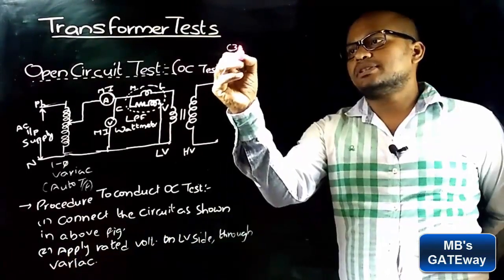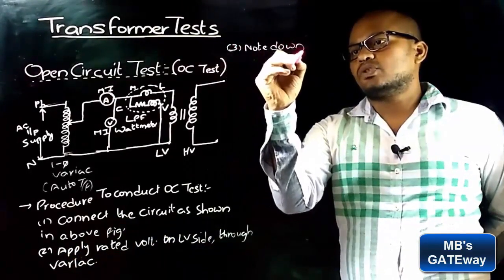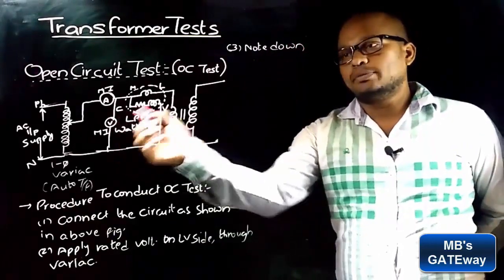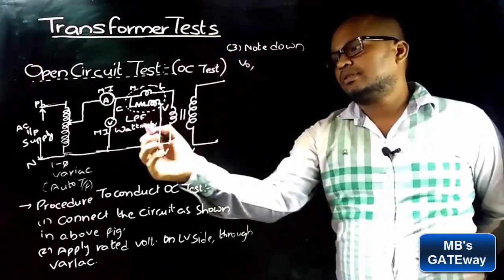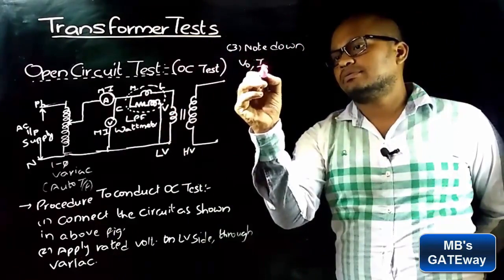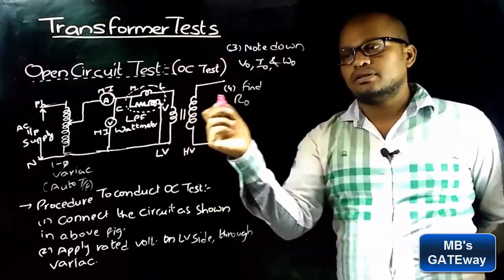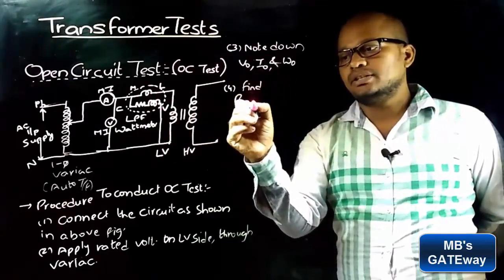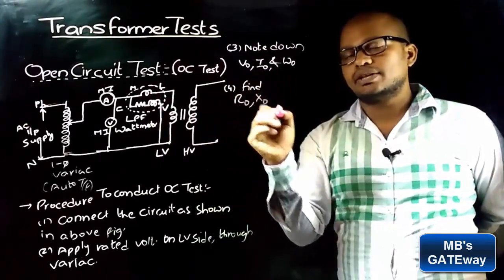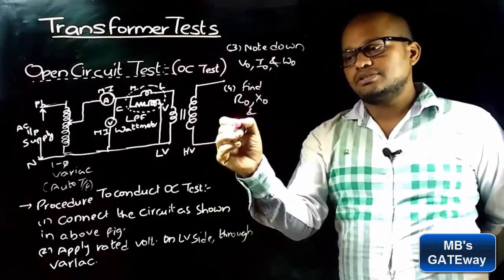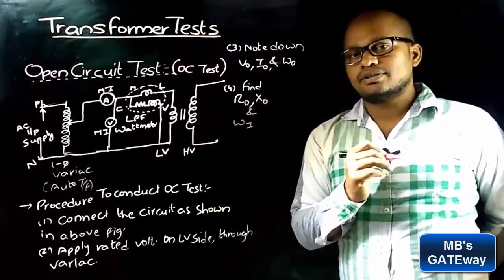The third step is to note down the voltmeter reading, ammeter reading and wattmeter reading. And by using these values, find the shunt branch elements R0 and X0 and iron losses Wi.